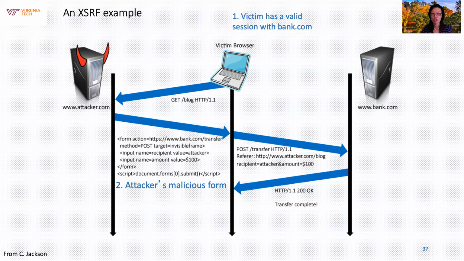Notice the form is not an actual legitimate form coming from, say, Bank of America's website. It's coming from the attacker, and sometimes it could be invisible or hidden, and nevertheless it asks the bank to transfer a certain fund to the attacker's account.